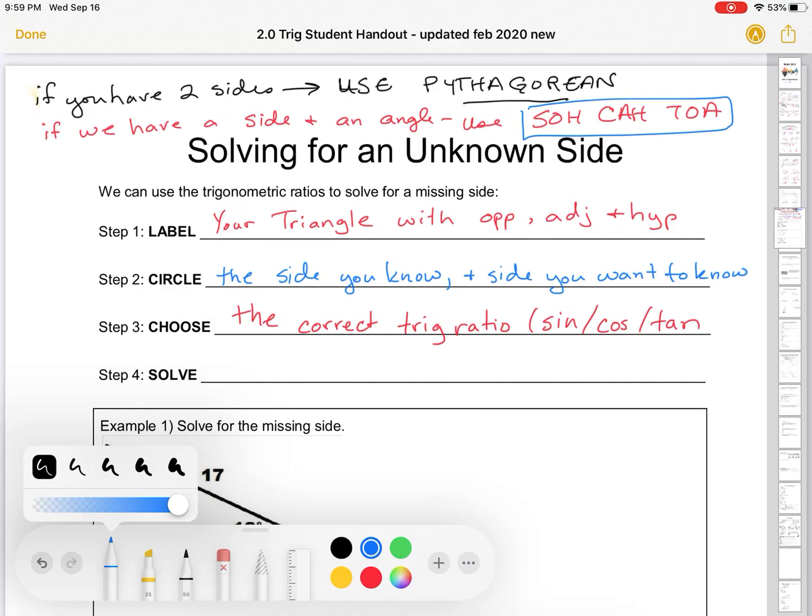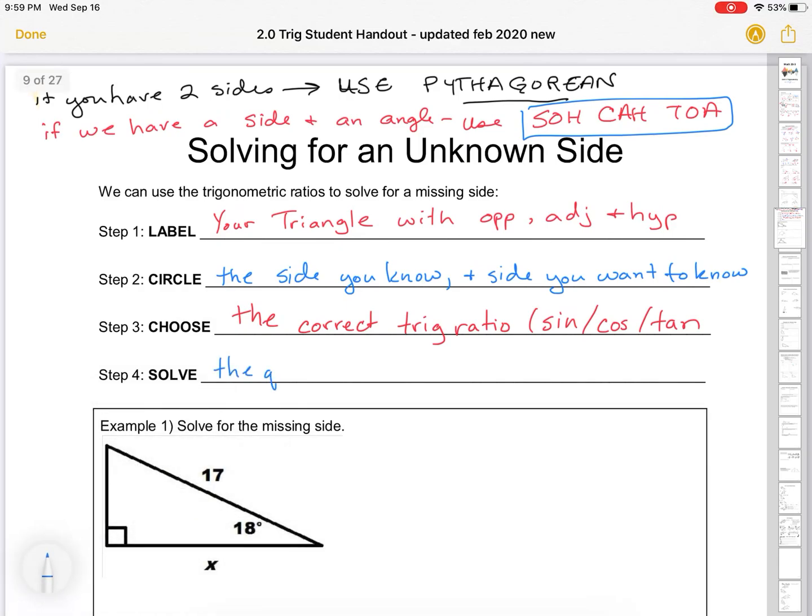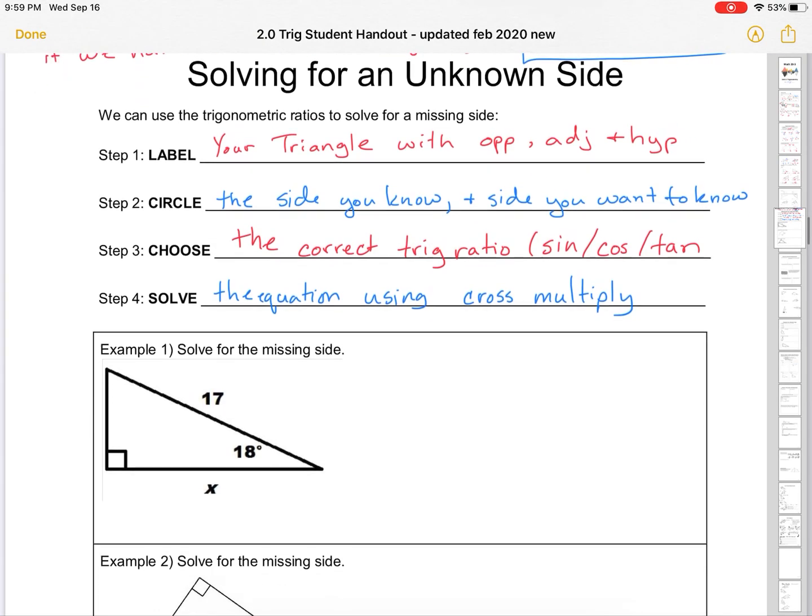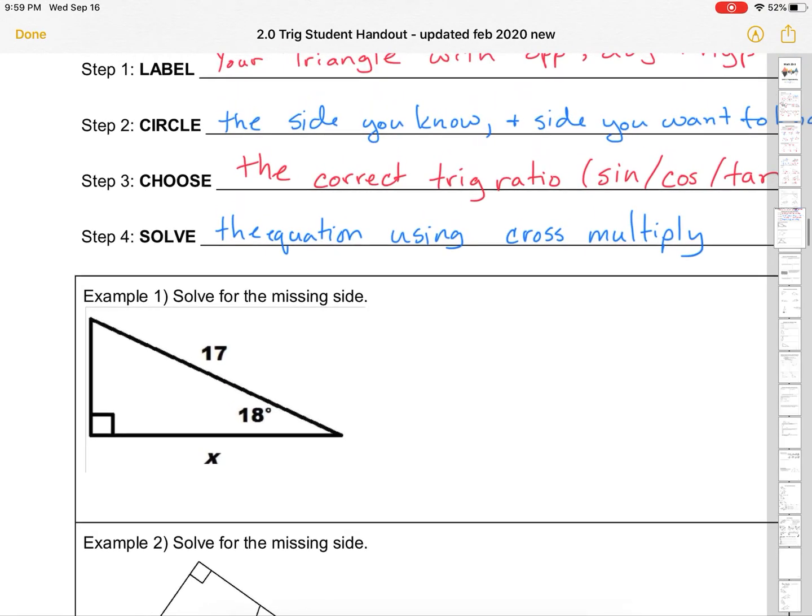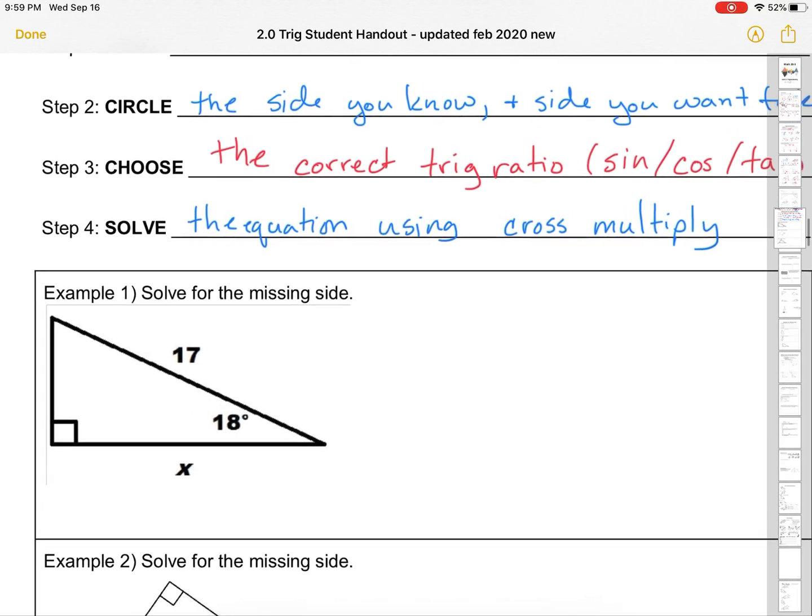Okay? And then solve the equation using cross multiply. So you're saying, oh, right, miss. Yeah, I got that. Now let's do some examples, right?